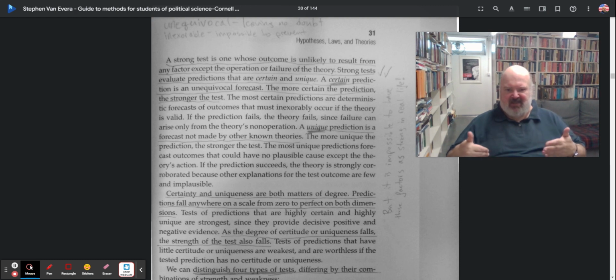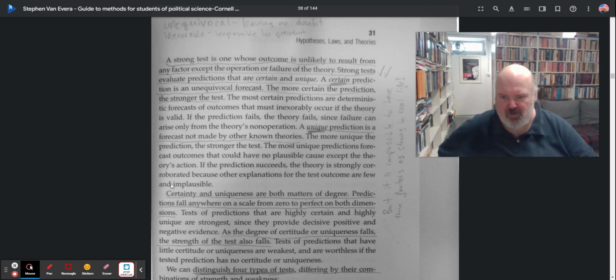If the prediction succeeds, the theory is corroborated, because the other explanations for the test outcome are few or implausible. That's the strongest case.